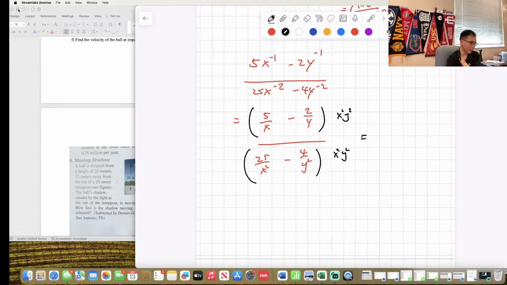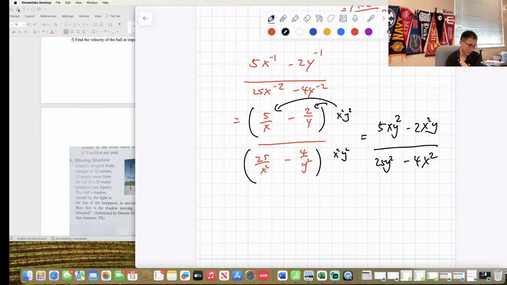I feel like for a lot of students, the first way is better. This one will give you 5x y squared, and this one is going to be minus 2x squared y, right? On the bottom, it's going to be 25y squared minus 4x squared.